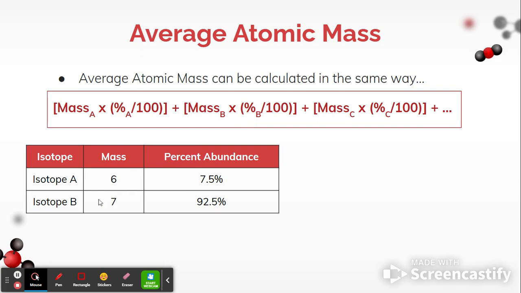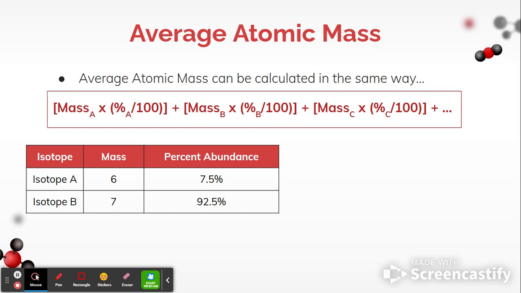If we were to do this process for isotopes A and B, we can express this mathematically as 6 multiplied by 7.5 divided by 100 plus 7 multiplied by 92.5 divided by 100. If we were to do this computation, the answer would be 6.925, which means the average atomic mass is 6.925.